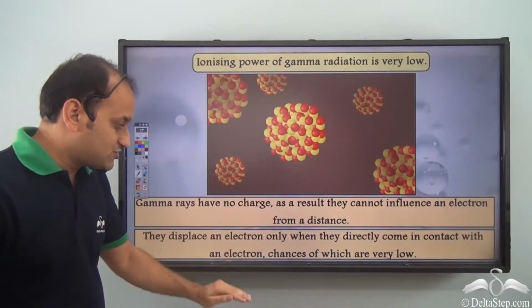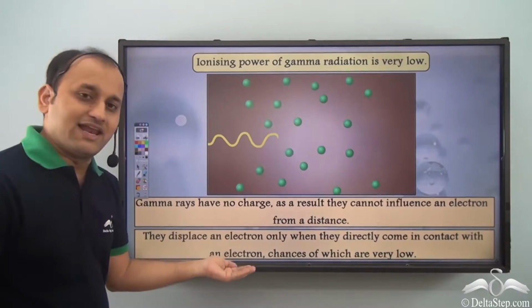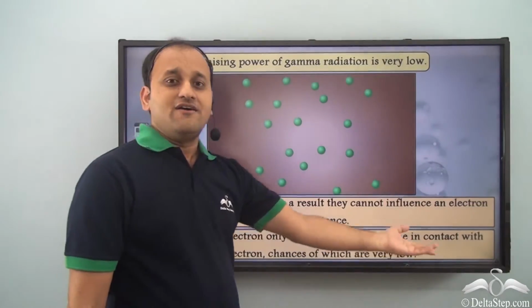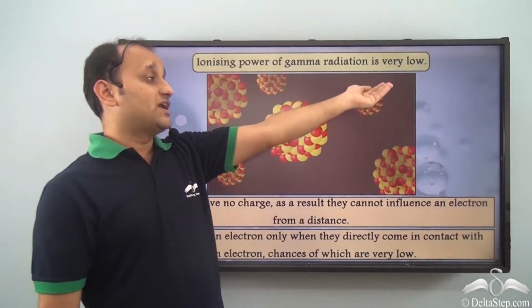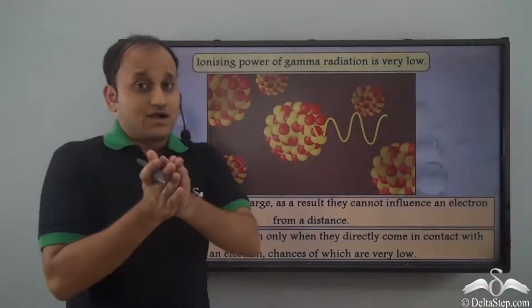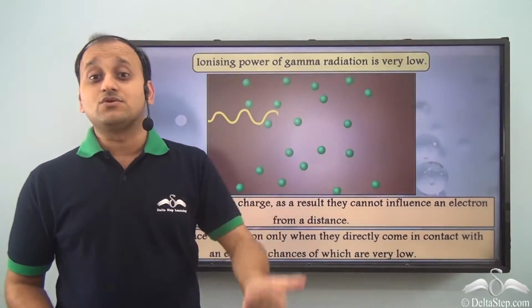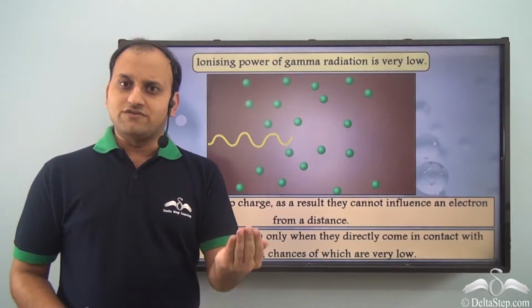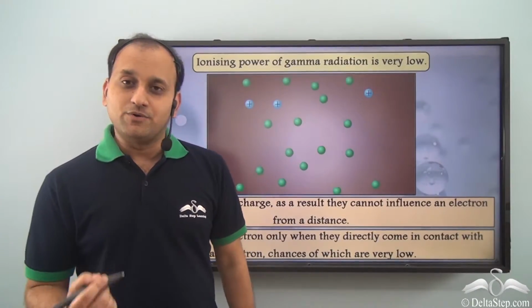They displace an electron only when they directly come in contact with an electron, chances of which are very low. As a result, they have low ionization potential.